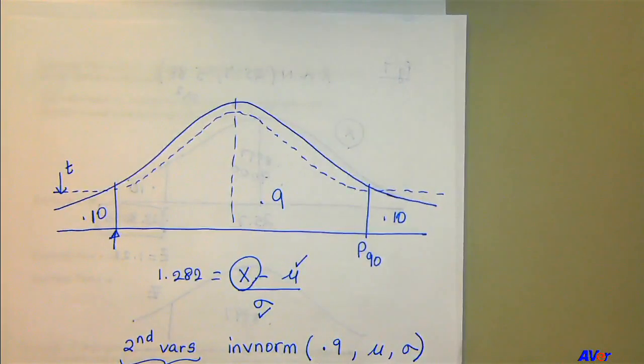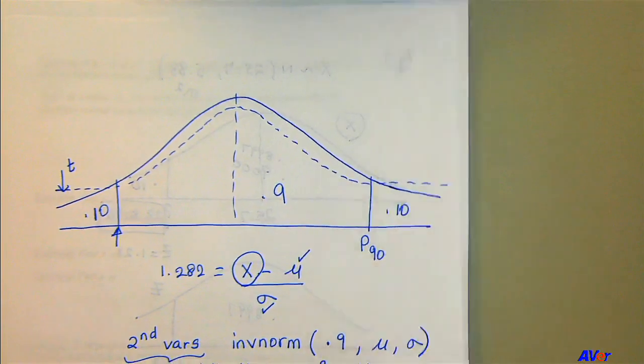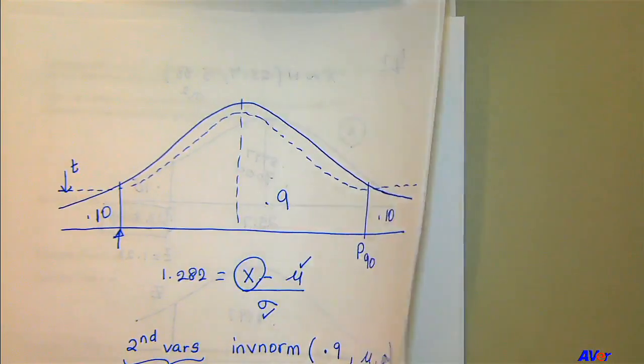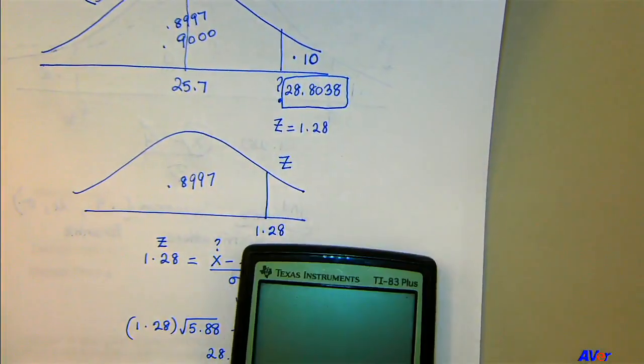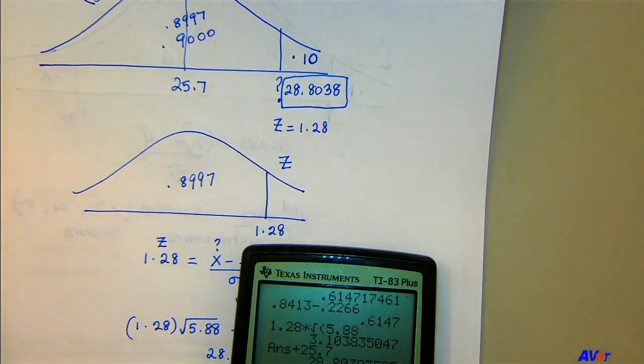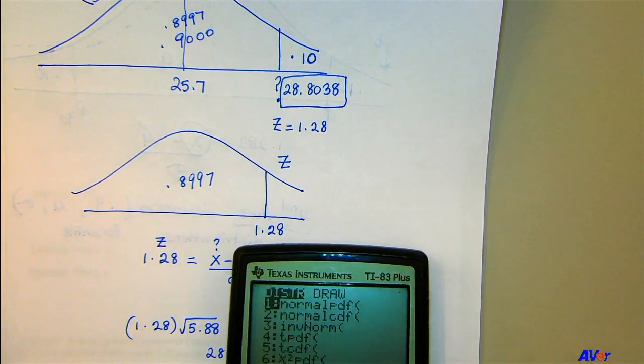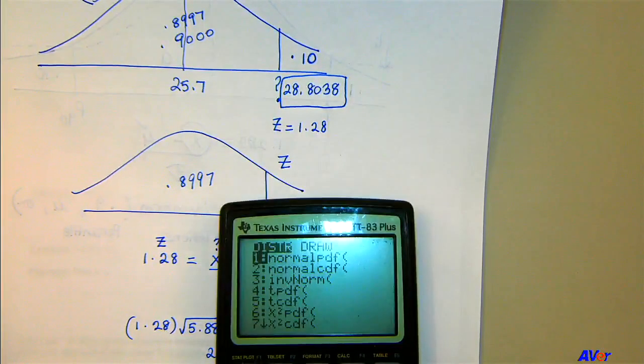Since we have an answer to this problem on the previous page, why don't we go and do it on the calculator and see if it comes close? Second, distributions, inverse norm, which is the third one.